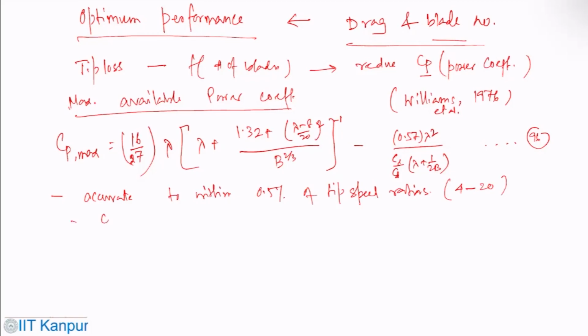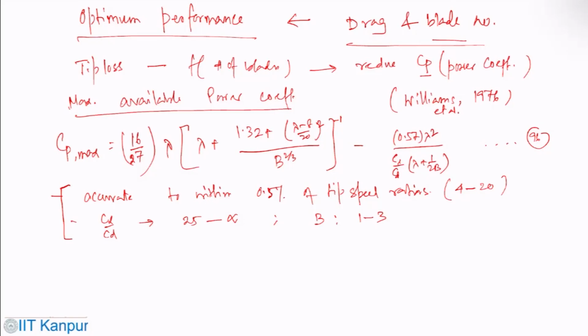And also CL by CD varies between 25 to infinity, and obviously the number of blades would vary from 1 to 3. So for this range of data, this fit is quite good, with a variation of less than or equal to 0.5%, in terms of tip speed ratio, where you can have this power.